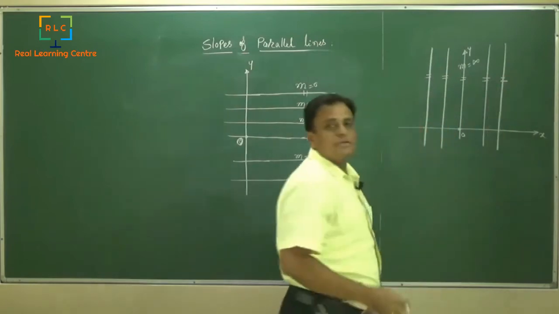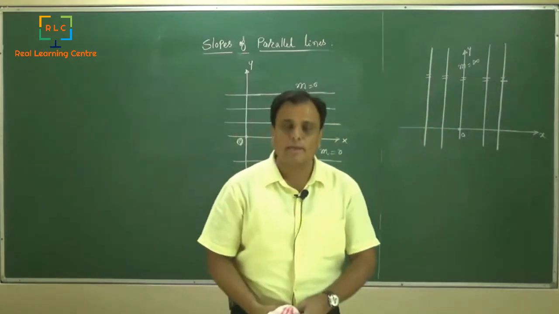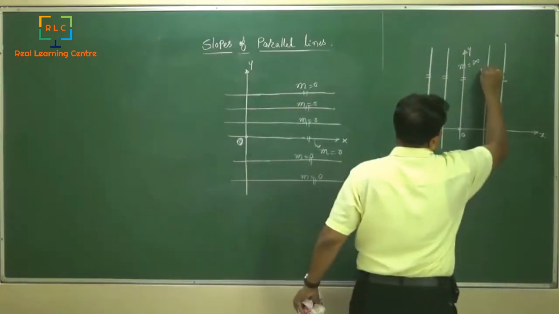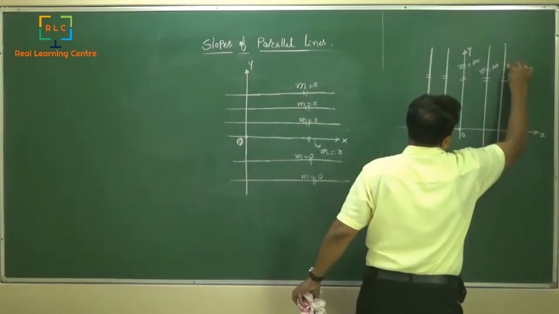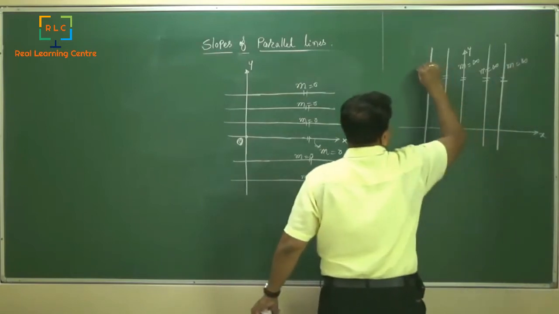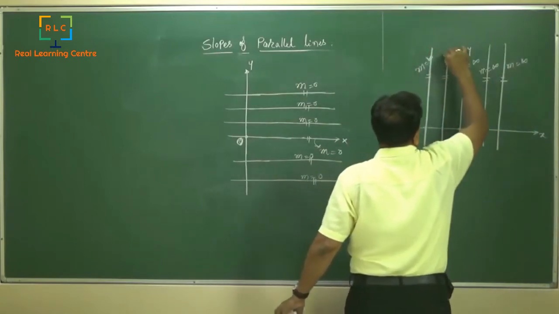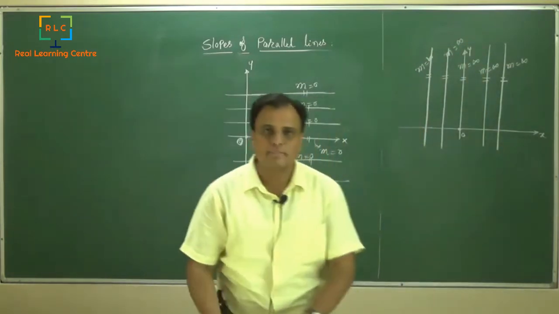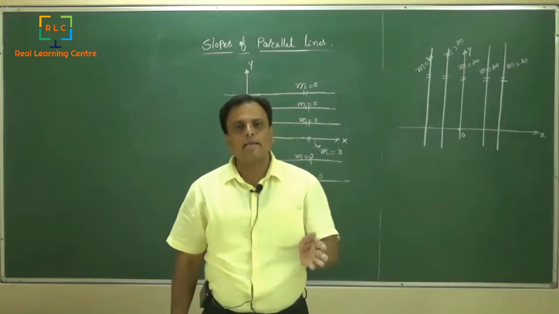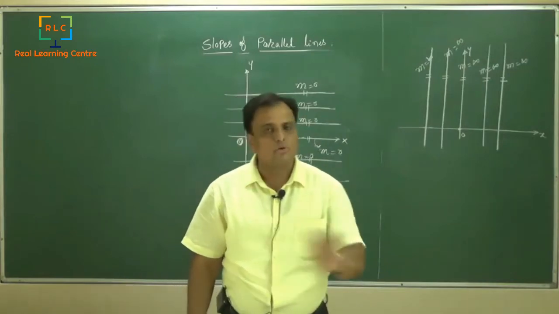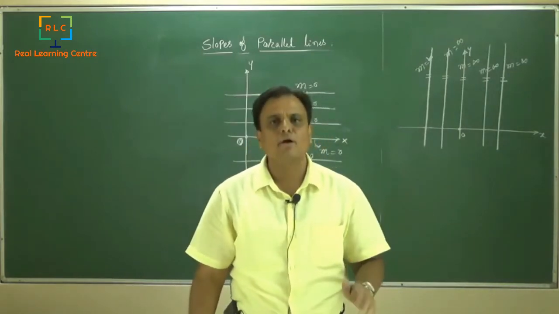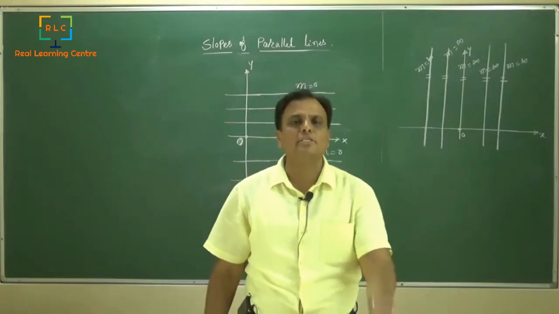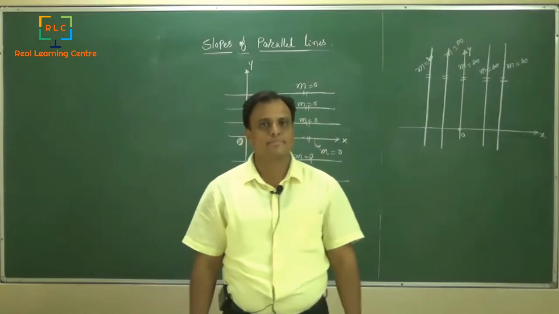Again I'll use the same condition: if the lines are parallel then their slopes are equal. Here the y-axis slope is infinity, so all these slopes will be infinity, that is, not defined. The slope of this line is not defined. So again make a simple note: any line parallel to the y-axis has a slope that is not defined, or take m equal to infinity for any line which is parallel to the y-axis.